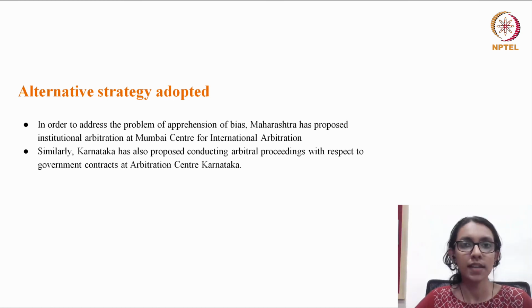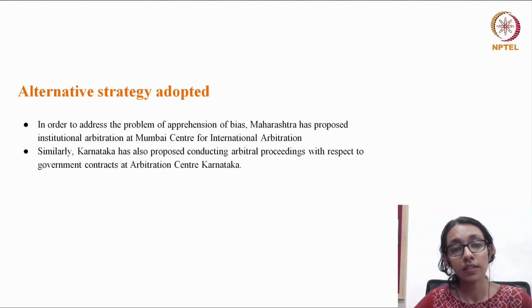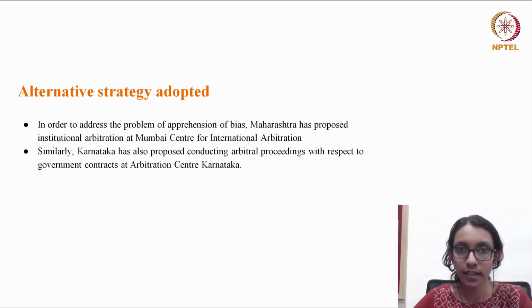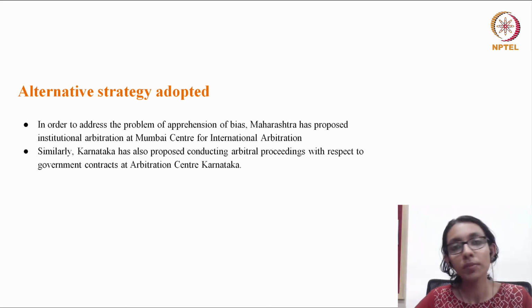This might be a better strategy because, as we saw earlier, in institutional arbitration, there are clearly laid down procedures that are to be followed while conducting arbitral proceedings. It also has well delineated rules with respect to the appointment of arbitrators. So this will be a more helpful way of resolving disputes that arise out of government contracts, and it is a strategy that can be emulated.